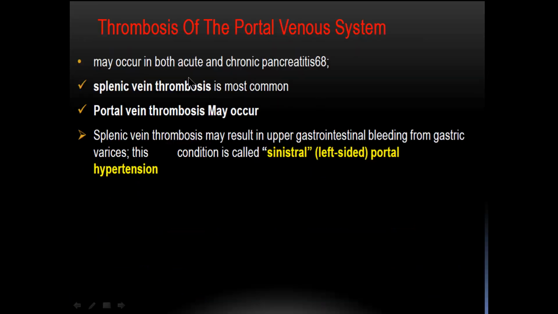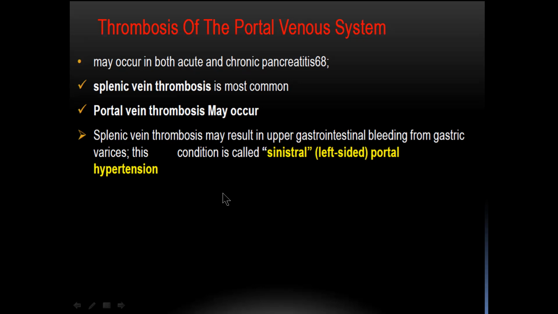Then thrombosis of the portal venous system may occur both in acute and chronic pancreatitis. Splenic vein thrombosis is most common. Portal vein thrombosis may also occur, but more common is the splenic vein thrombosis in case of pancreatitis. Splenic vein thrombosis may result in upper GI bleeding from the gastric varices, and this condition is called sinistral or left-sided portal hypertension.